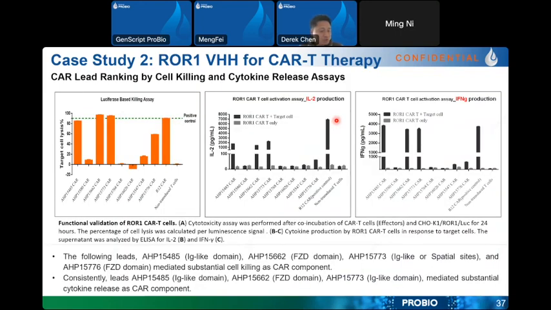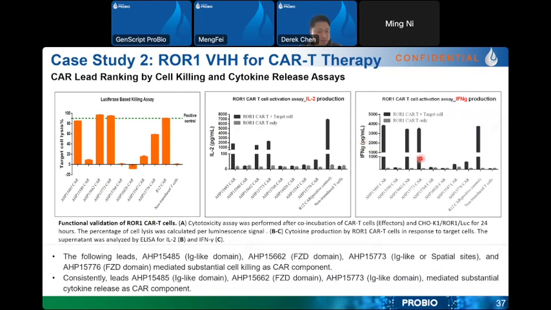After expression confirmations, luciferase-based reporter cell killing assays and cytokine release assays on IL-2 and interferon gamma were conducted to evaluate the in vitro efficacies.